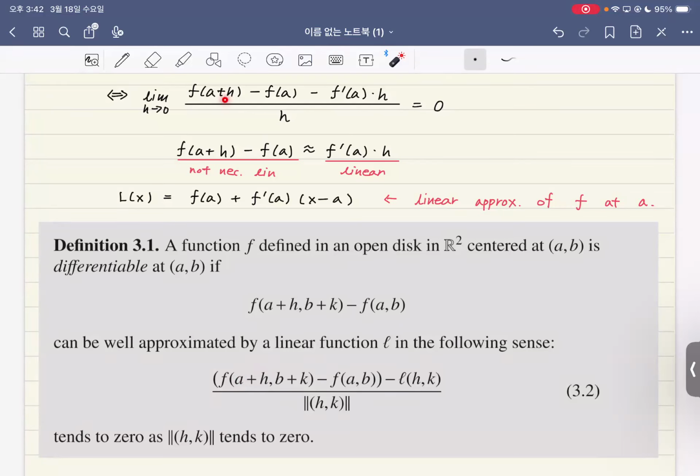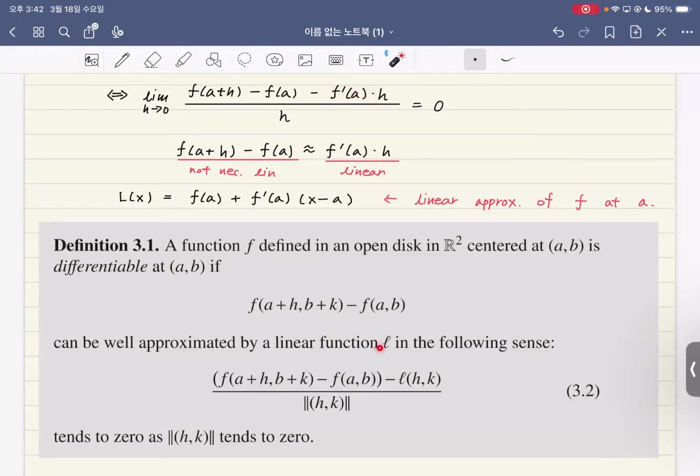So therefore we had only one variable h, but now we have two variables h and k, and this is the original function minus the point that we are interested in. So this minus this is, and I told you this is a linear function, right?